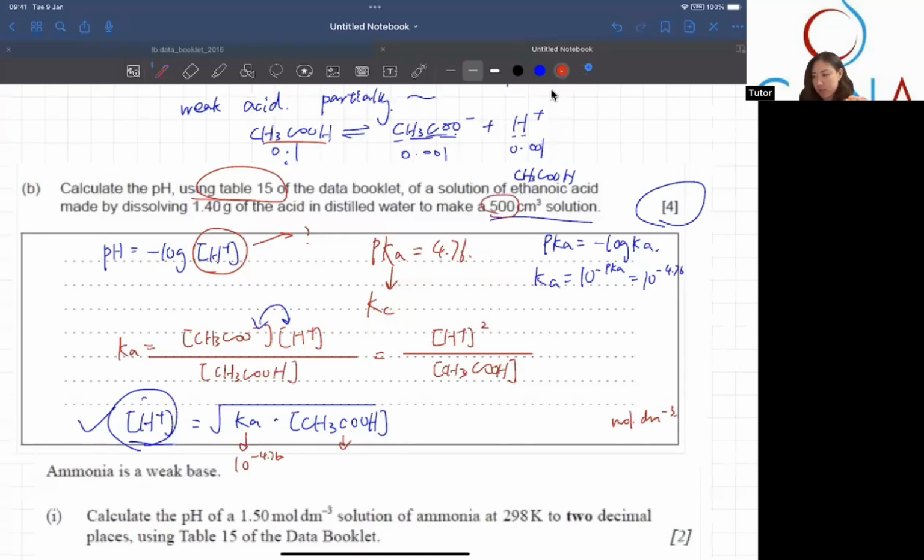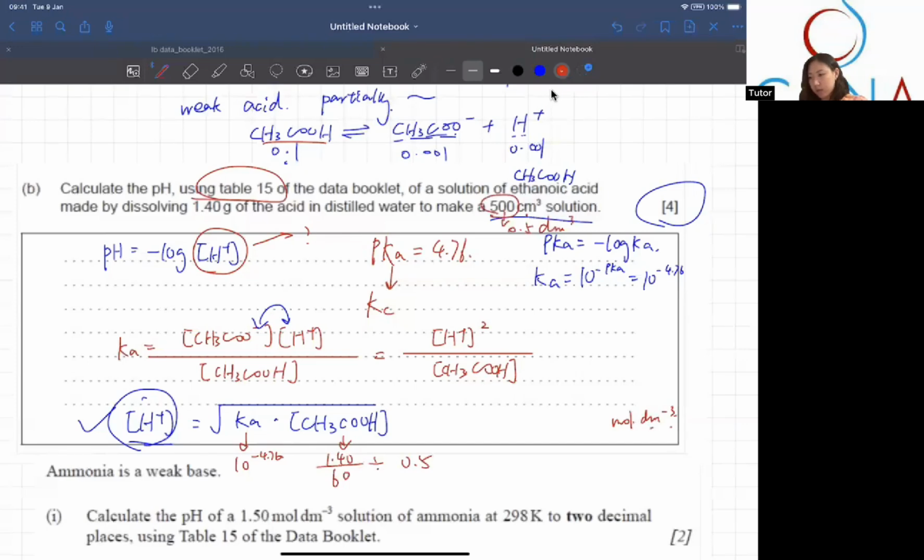So the acid concentration calculation would be 1.40 divided by the Mr of the ethanoic acid, which is supposed to be 60. Okay, that's the moles, and then you divide it by 500 cm3, but it has to be in mole per decimeter cube. So we need to convert the cm3 into dm3, which is 0.5 dm cube.